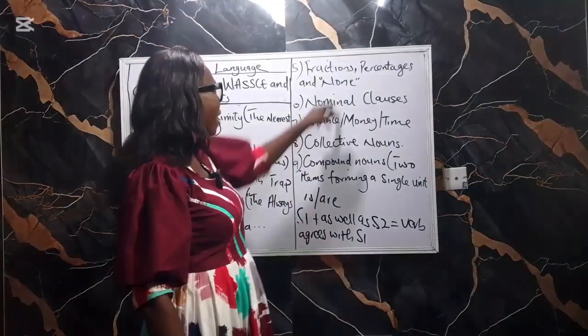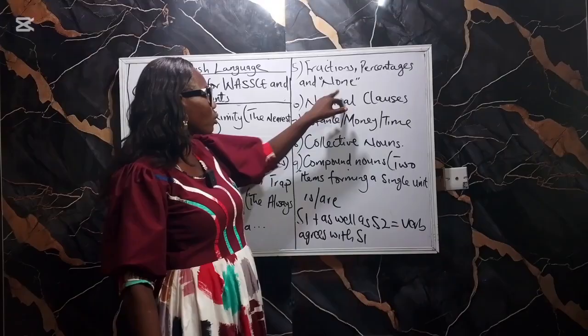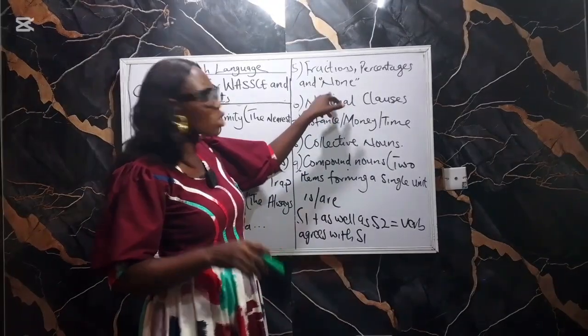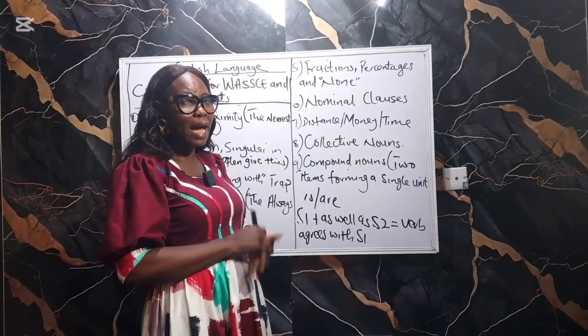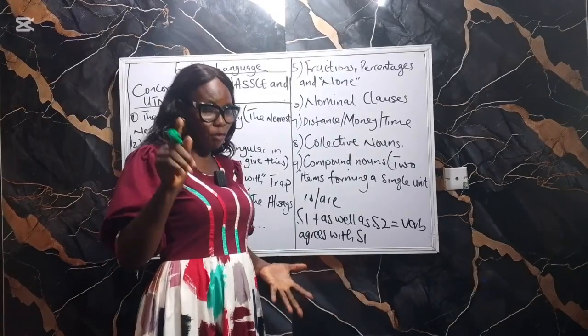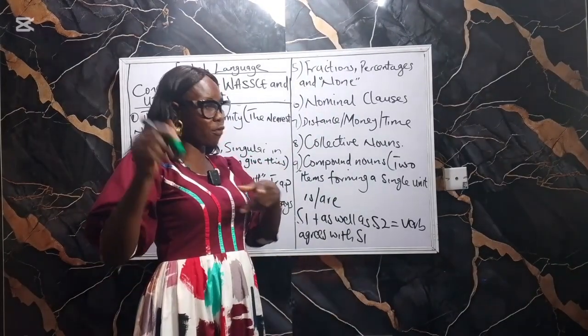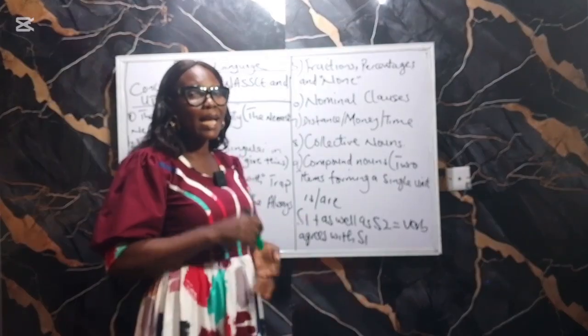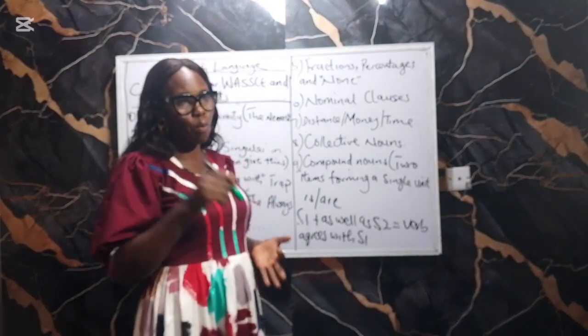Now let's go to fractions, percentages, and none. It depends on the noun that follows the of, because we usually use of in it. So the noun that follows the of will show whether it will be singular or plural.